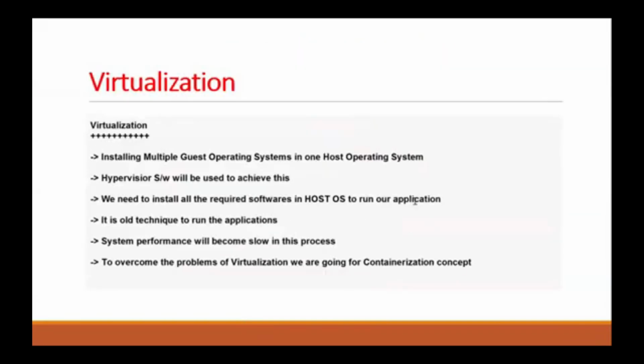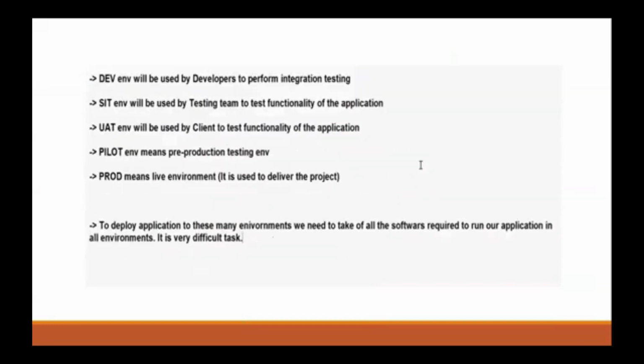Virtualization means installing multiple guest operating systems on one host operating system. Hypervisor software is used to achieve this. We need to install all the required software on the host OS to run our applications.